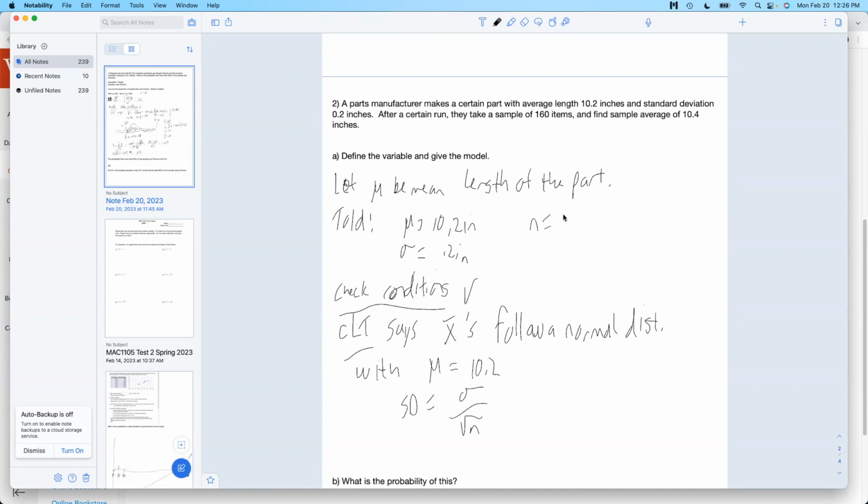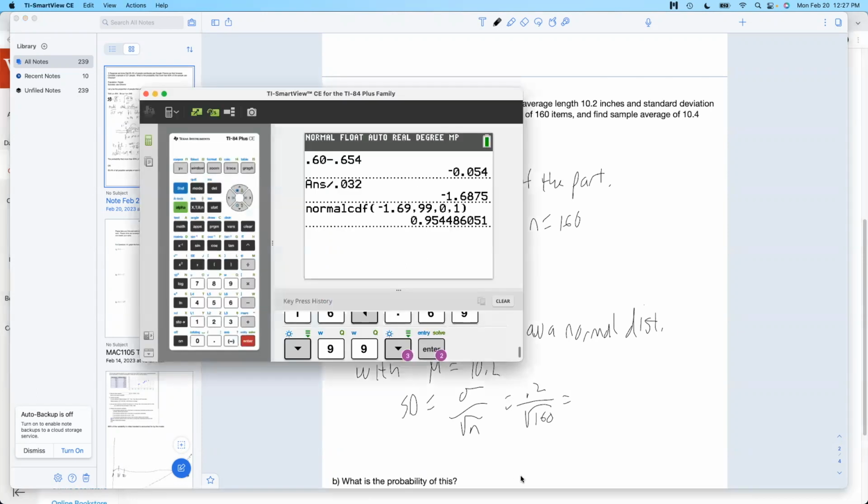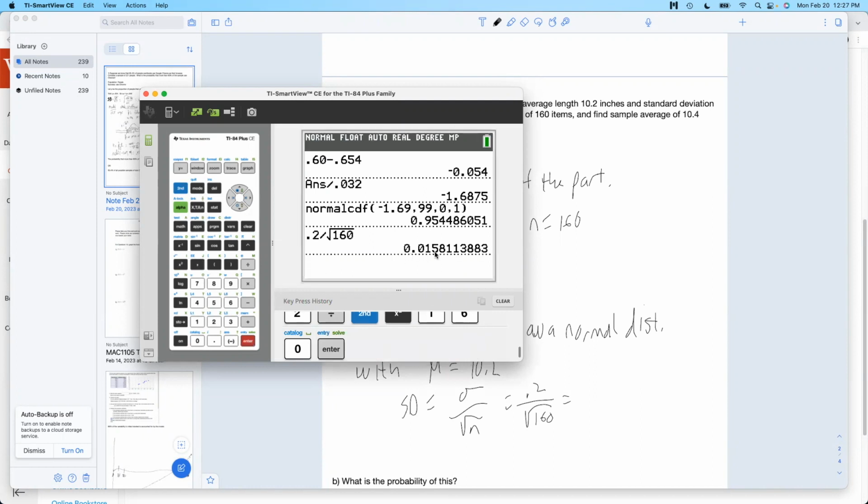What's n? What's my sample size? 160. So that'd be 0.2 divided by square root of 160. So 0.2 divided by square root of 160. 0.016, we'll call it. I'll go to 3 places.